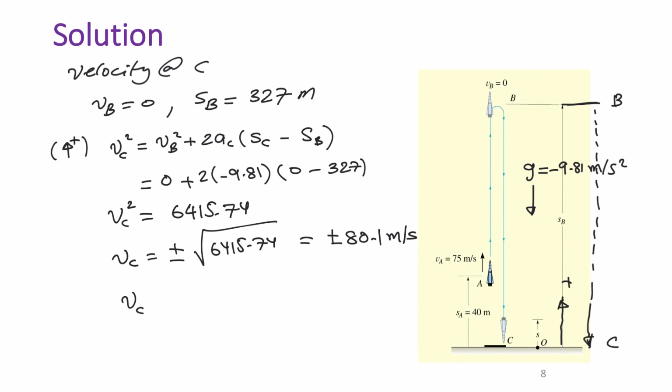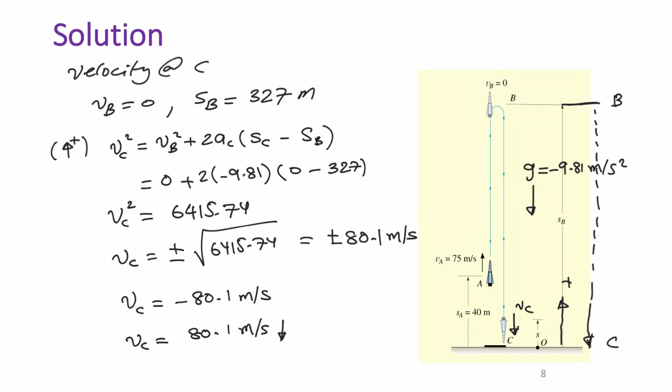So VC is equal to minus 80.1 meter per second. Why? Because the velocity of VC is pointing downward. So you can either write it this way, or you can say VC is equal to 80.1 meter per second, and you have to put the arrow downward. This replaces the negative sign.